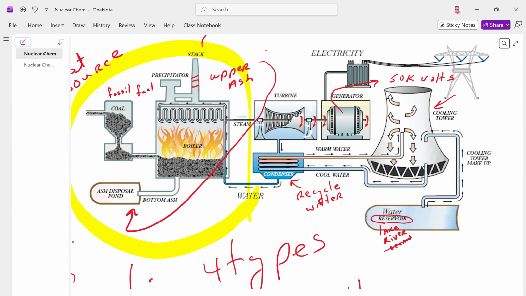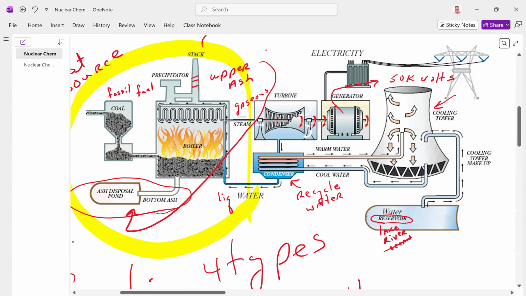The water is recycled, so you need some kind of way to cool the water back to liquid water. So this is liquid water here. And this is steam, which is gaseous water. And this is the big issue here.